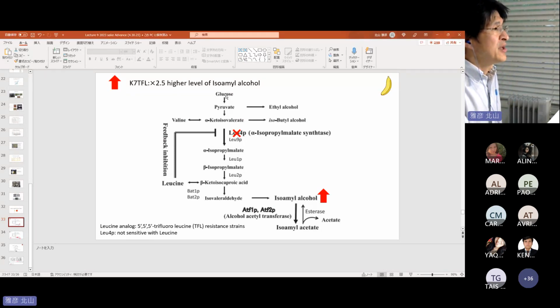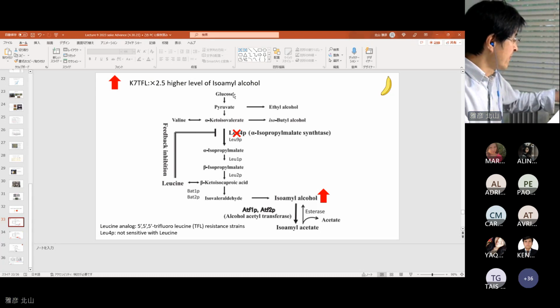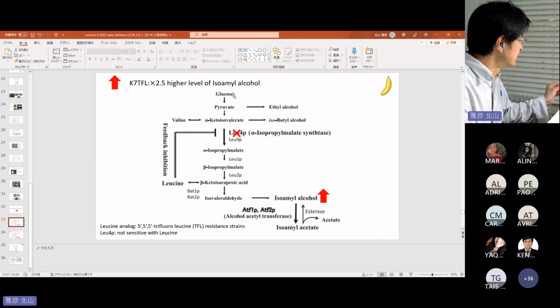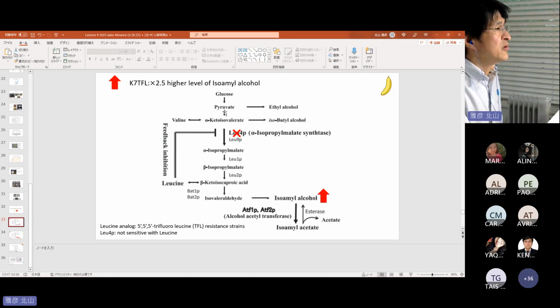So now you are familiar with this metabolism. Glucose to pyruvate. You may remember the word glycolysis. Glycolysis occurs in the cytosol of the cell. This is one question of the midterm exam: where glycolysis occurs. It is in the cytosol. We don't need any oxygen from glucose to pyruvate.